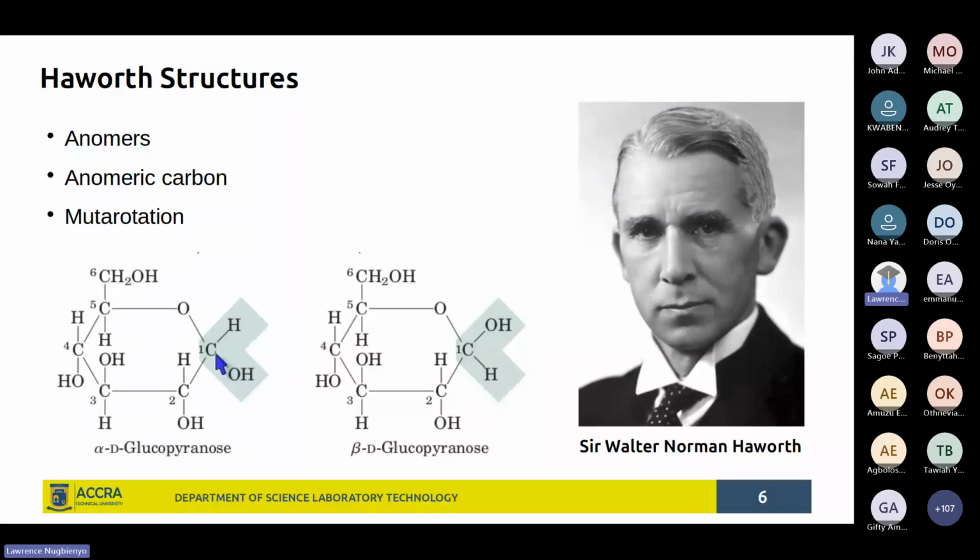We refer to that carbon number 1, the carbon that had the aldehyde group on it that interacted with the hydroxyl group on carbon number 5 to give us a cyclic structure, as the anomeric carbon. And the process of the formation of the anomers is what we are referring to as mutual rotation.